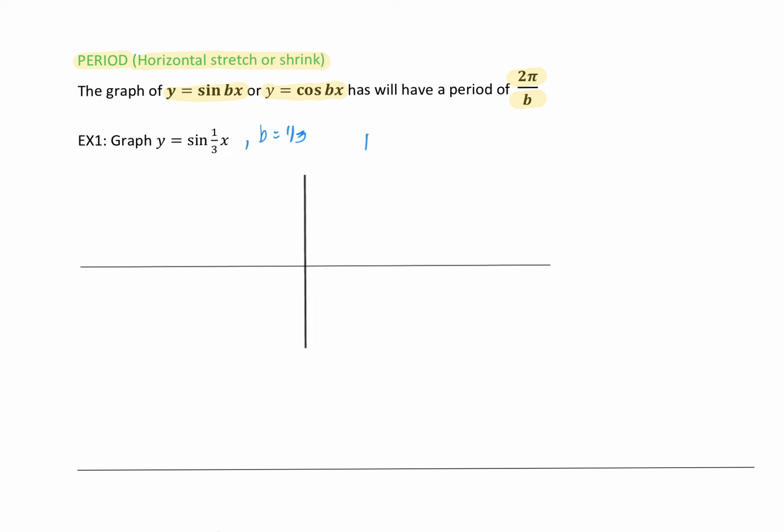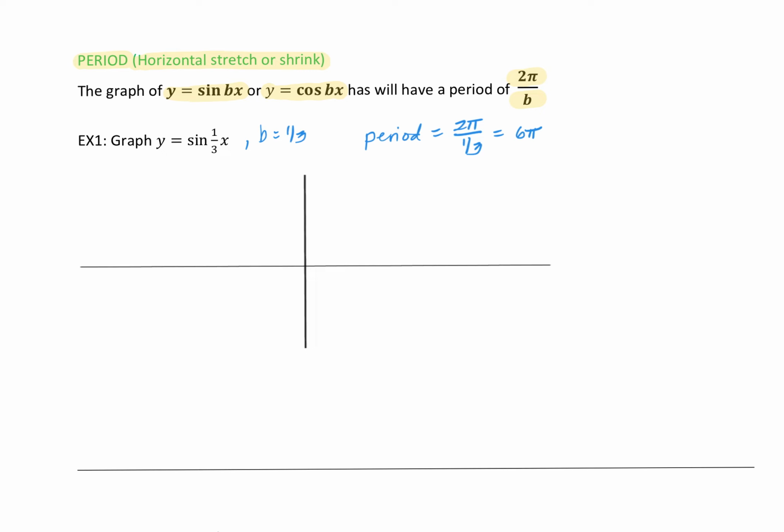So this period is going to be equal to, the normal period of sine is 2 pi. If I divide it by the b value of 1/3, that's the same as 2 pi times 3. So it's going to give me 6 pi. So in this case, I'm actually stretching it out from the normal period of 2 pi to a period of 6 pi.